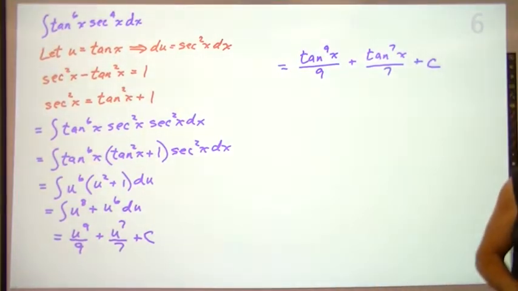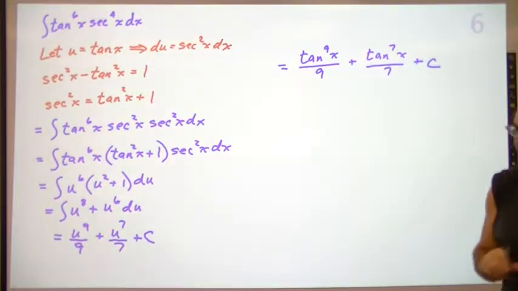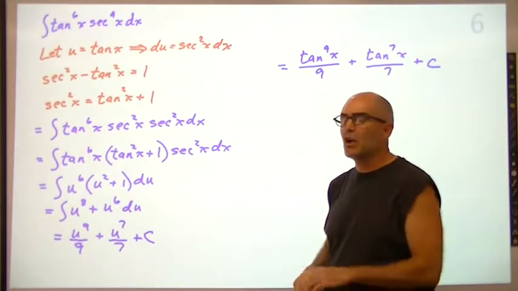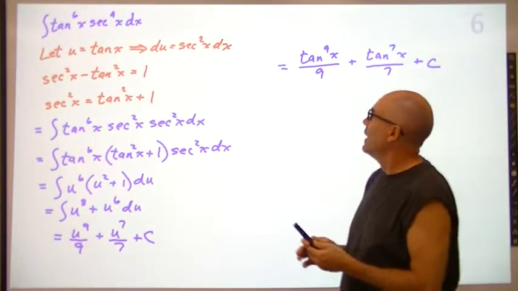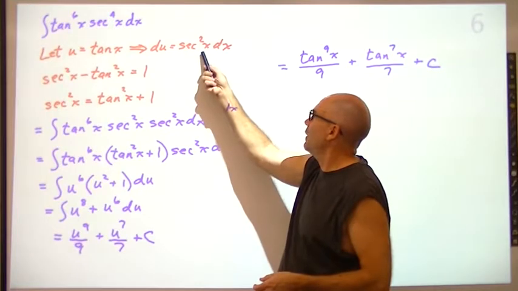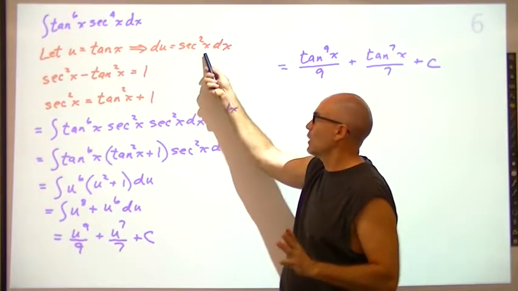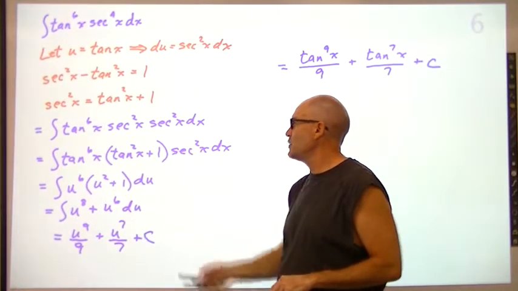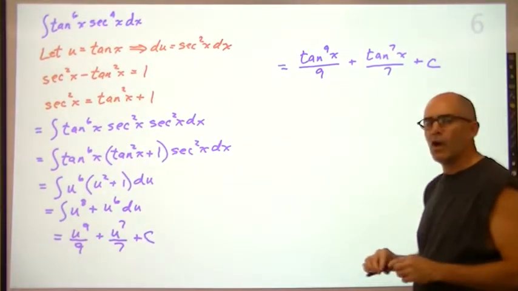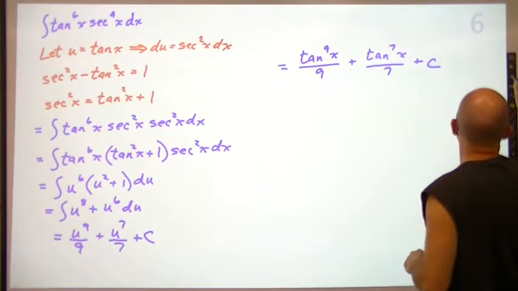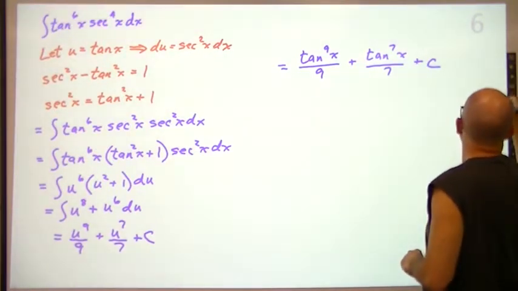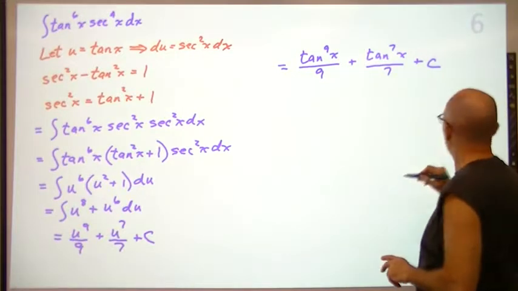So notice this is the exact same thing that we did with sine and cosine, only we had to squirrel away a secant squared instead of just a sine or a cosine, and we turned everything into tangents. All right, so let's try another one.